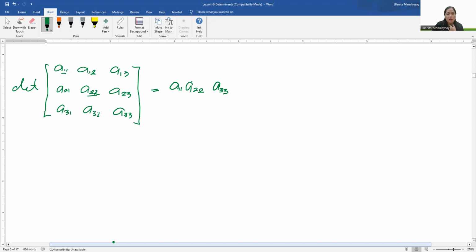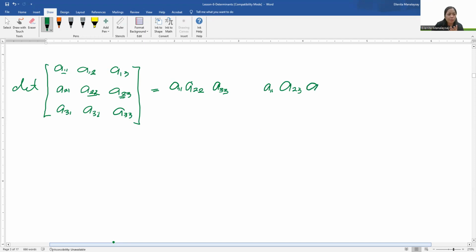Okay, next. Pero pwede rin naman, if we choose A11, pwede naman na sa A23 tayo kumuha. Diba? Kasi yung second entry, basta hindi manggagaling sa first row. Paano kung sa third row natin kinuha? Pwede naman yon.